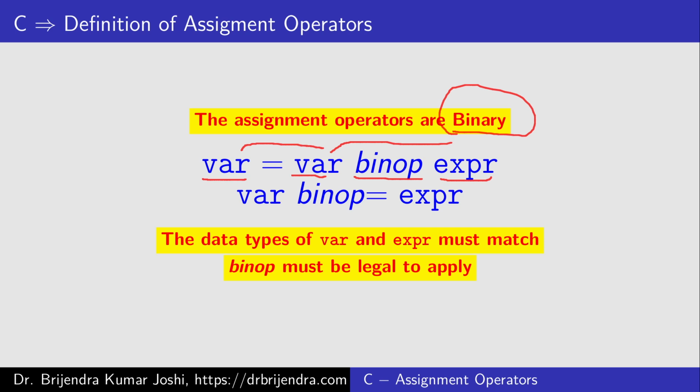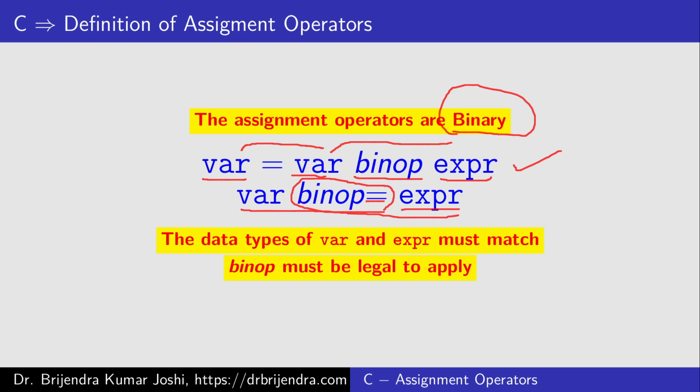If this is the case, then we can replace this statement by this. It means variable name, space, the binary operator which we talked about here, then the original assignment operator. So this becomes an assignment operator followed by the expression.